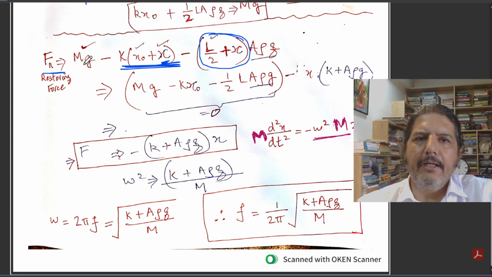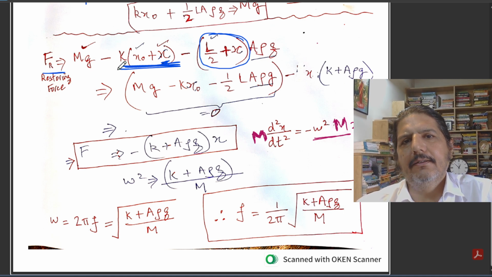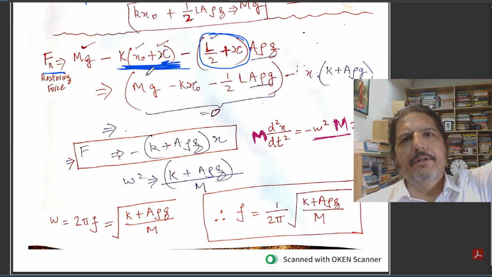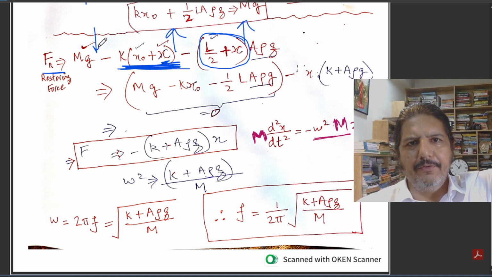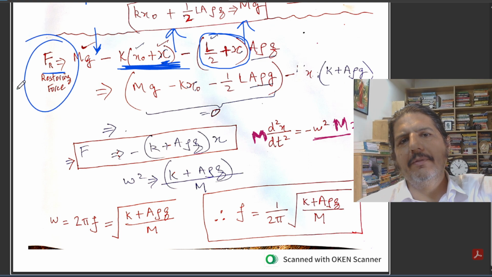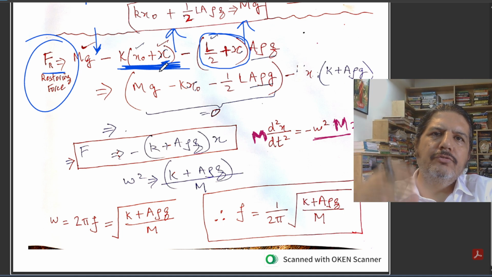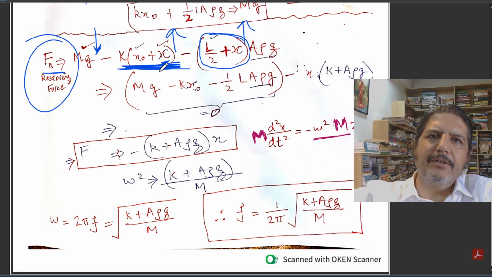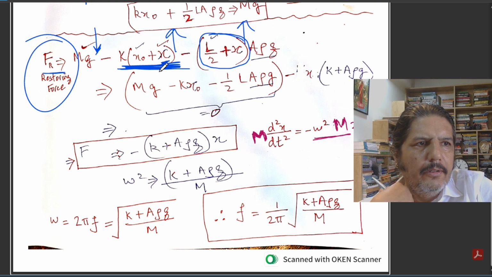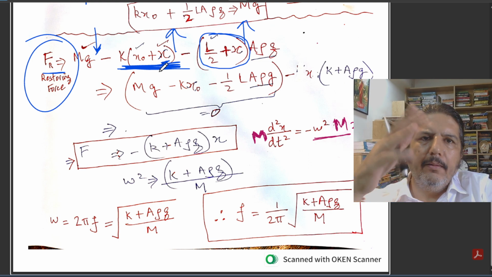If I subtract the restoring force of the spring and the buoyant force, both pointing upward, from the weight which is downward, this would be the net restoring force which will bring in SHM.